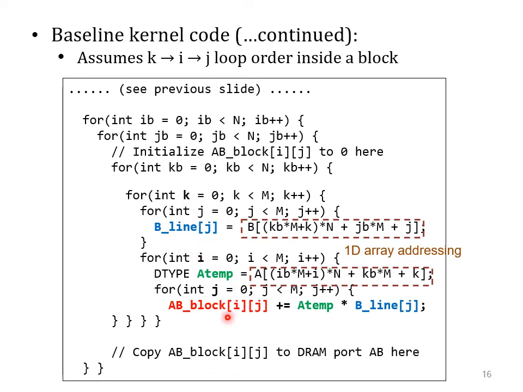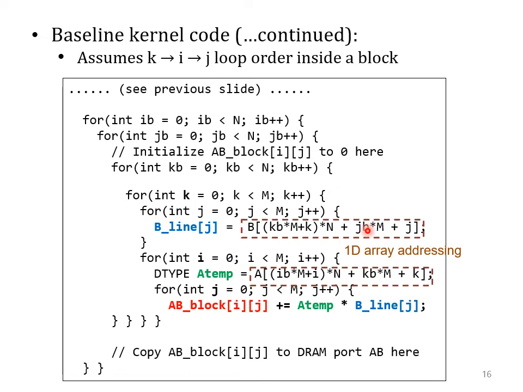And since all the arguments are now in a pointer, not a 2D array, the data copy routine, this one for B, might seem a little bit complicated, but it's really just 1D array addressing after blocking. N was the matrix size, M is the block size, J is the index within a block, and JB is the block index.